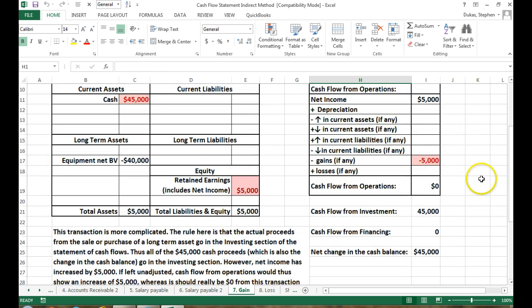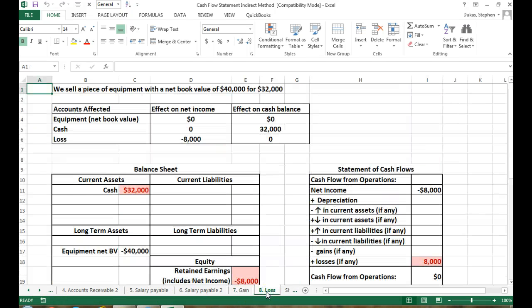So what we have to do is back this gain out of operations so that we're left with the true cash flow of $5,000. Backing out the gain involves subtracting whatever that gain is in the operating section. Again, the philosophy is we put all of the proceeds from sale of investment in the investing section, and we back out gains or losses out of the operating section.